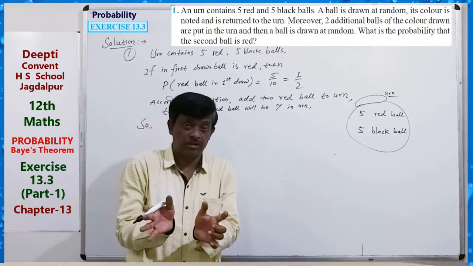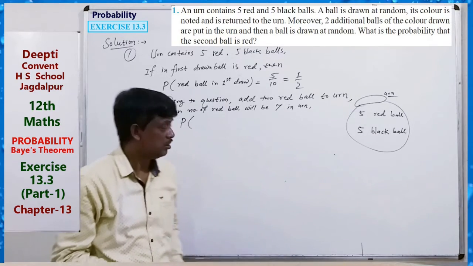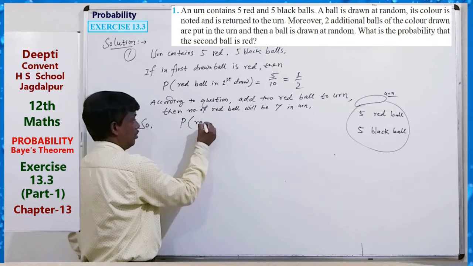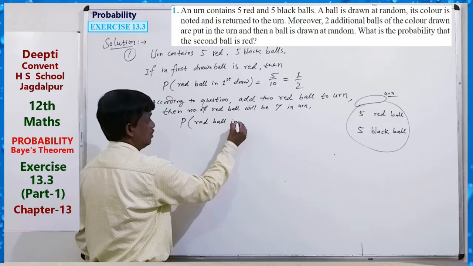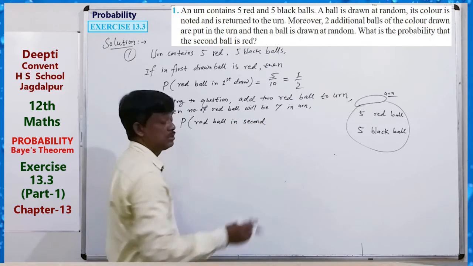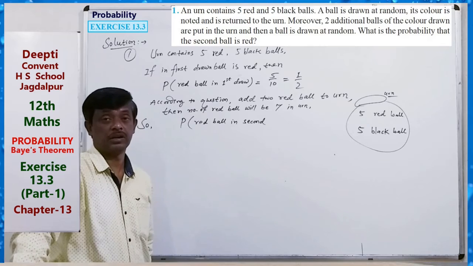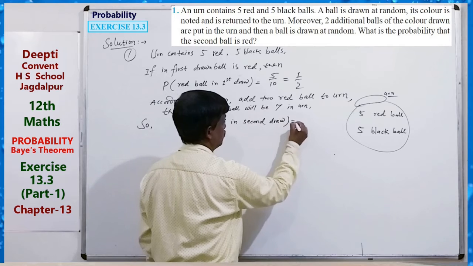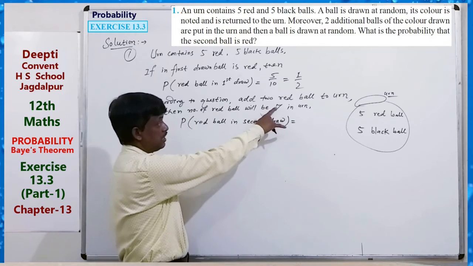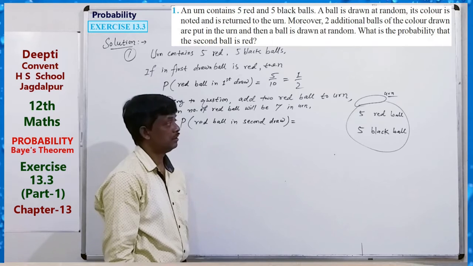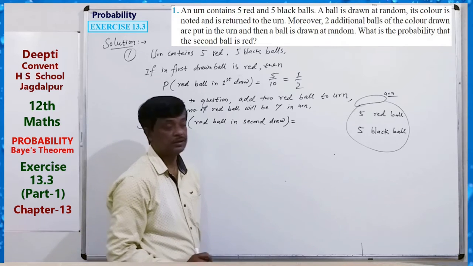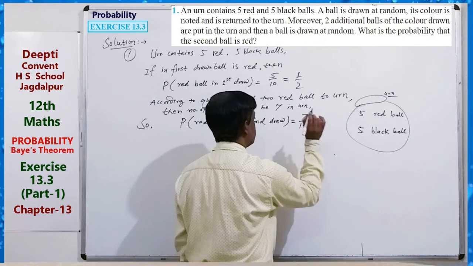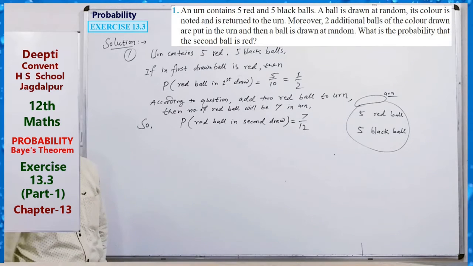Because in the second draw we want a red ball, the probability of a red ball in the second draw is equal to 7 by 12, because red balls are 7.